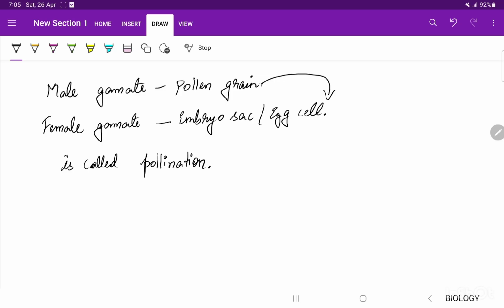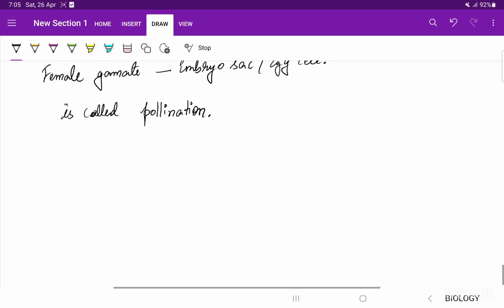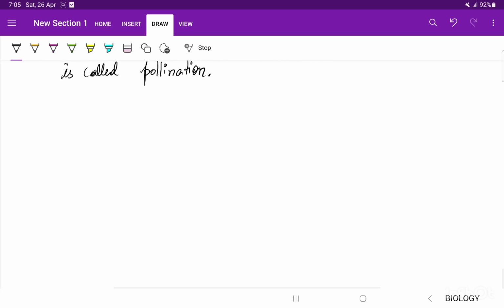The process of transfer of pollen grain from its anther or stamen to its compatible stigma of another flower or the same flower through any agents is called pollination. We'll go through pollination in detail. There are many types of pollination. Agents are required for pollination. Let me just give the highlight of pollination. We will go through detail in the next session.